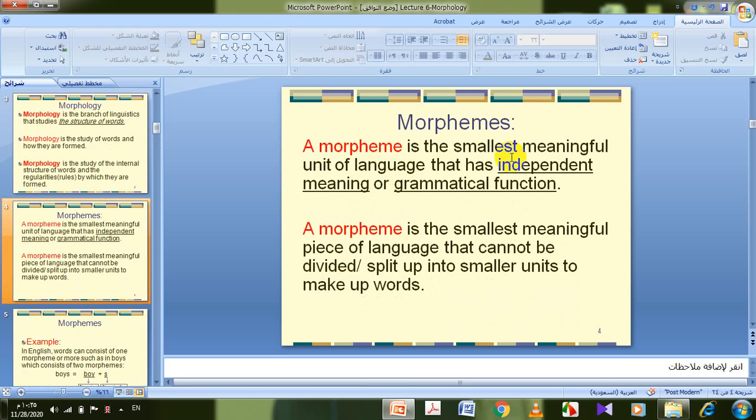A morpheme is the smallest meaningful unit of language that has independent meaning, like boy, or grammatical function, like the plural s. So sometimes we have morphemes that have independent meaning, or other morphemes that have grammatical function.